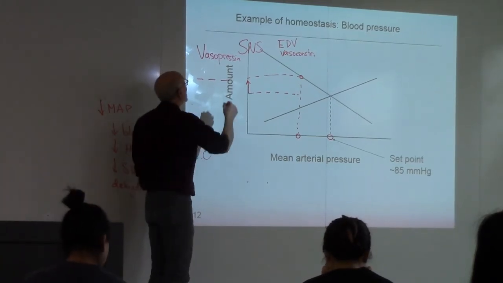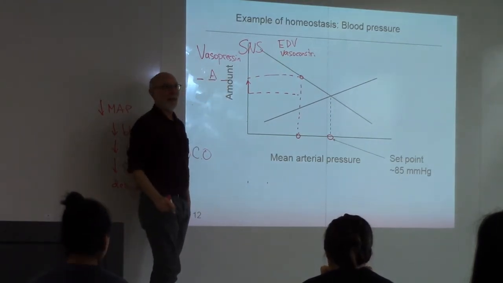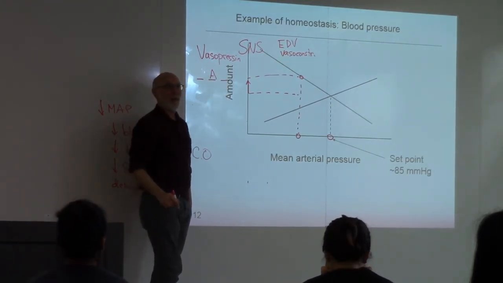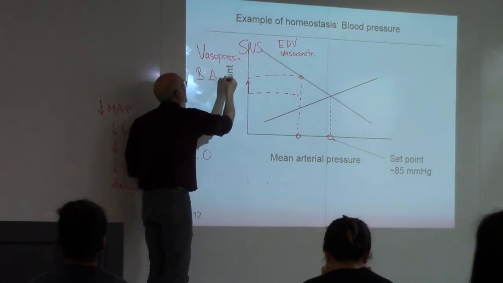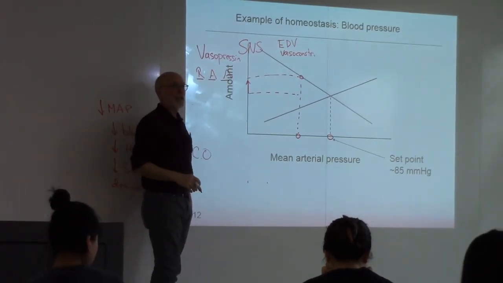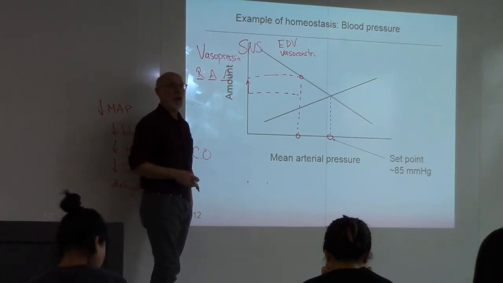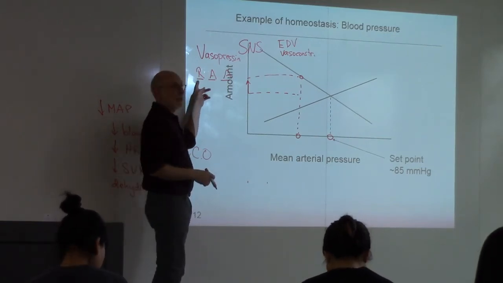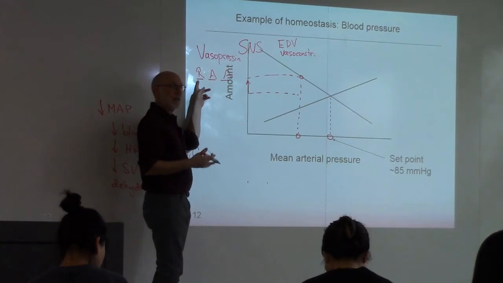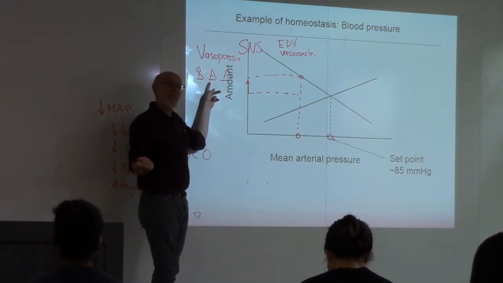Angiotensin is the middle letter. The renin-angiotensin-aldosterone system would be another system that would be activated to help reabsorb more water. Remembering that renin is the hormone enzyme that makes angiotensin from angiotensinogen. Now we've talked about the liver.